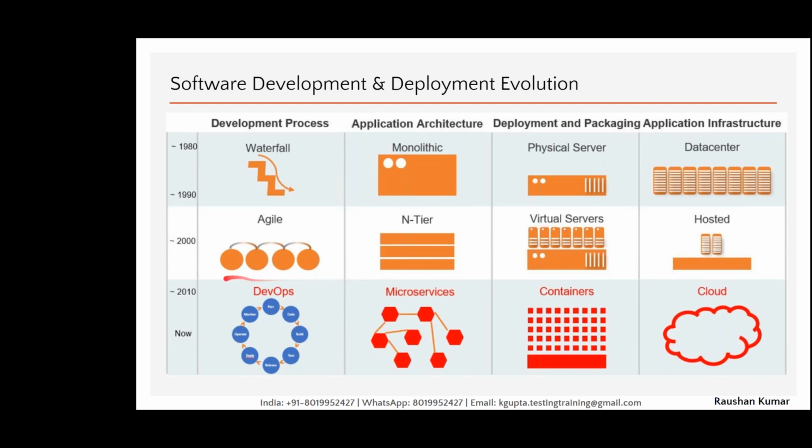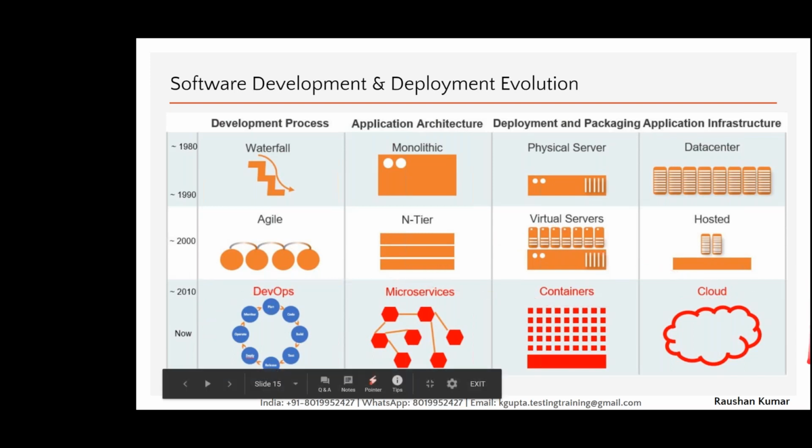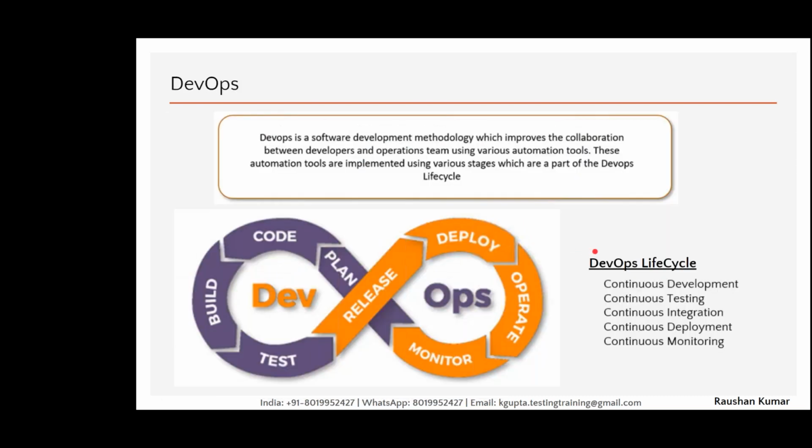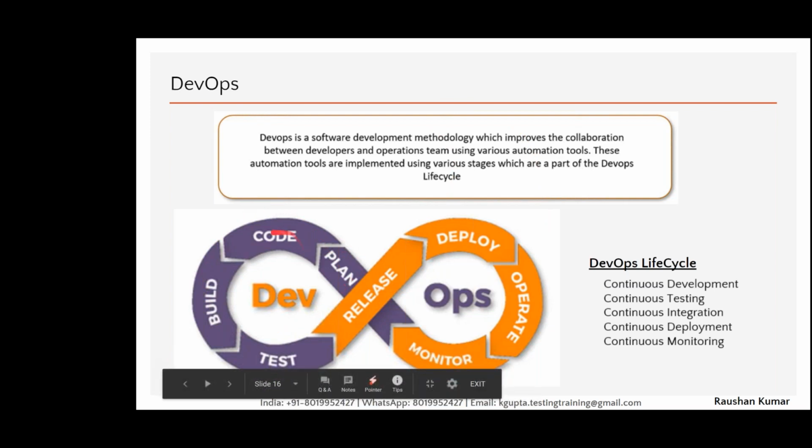So we'll just go briefly over these topics today, and then we'll dive into each of these things in upcoming sessions. Okay, so let's touch base with DevOps first. When I say DevOps, what does it mean? If you see this infinity symbol, DevOps is a continuous process.